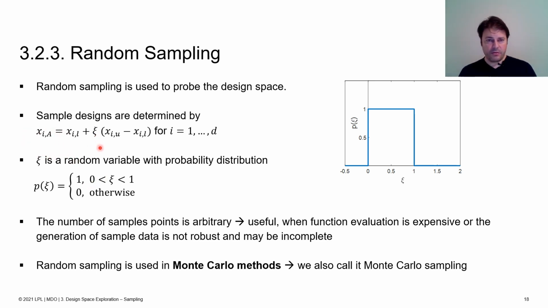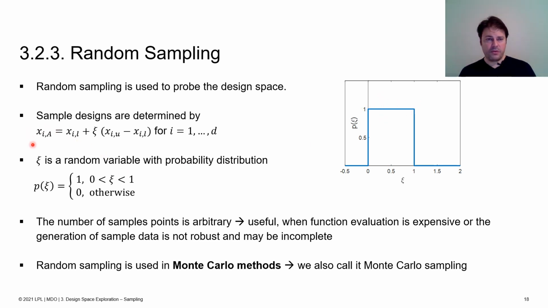And so formally we have a random variable xi that can assume values between 0 and 1. And the random variable will be uniformly distributed. So it is associated with this probability distribution. The probability distribution is 0 outside the interval from 0 to 1, and it is 1 on that interval.